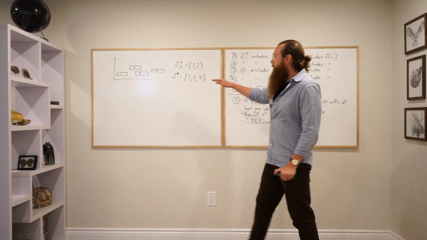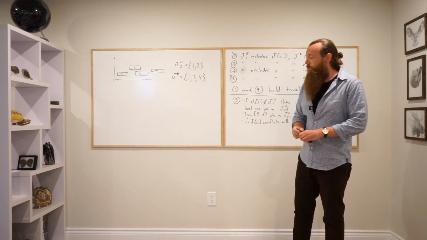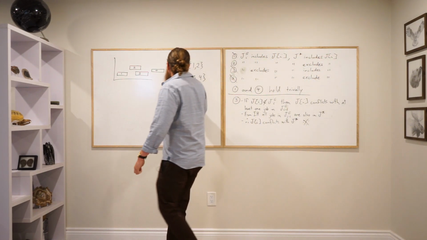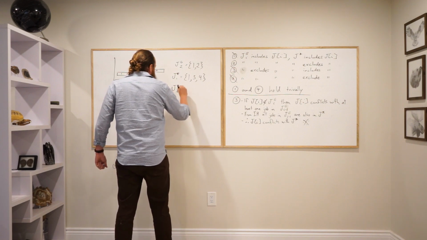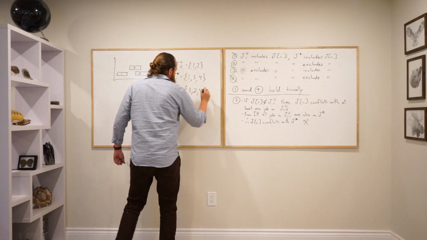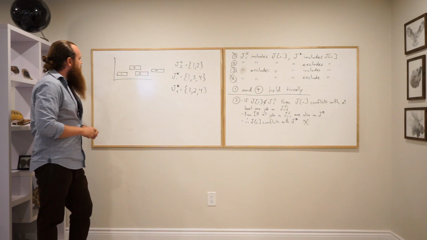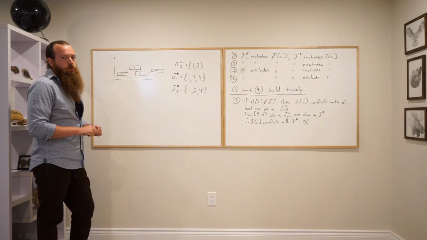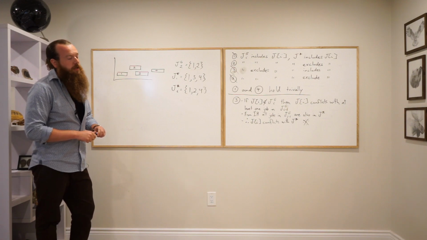For example, this is just 4 jobs, but by my count, there's actually 2 optimal solutions. What are they? Well, this would be the first one, and the second one is this. 1, 2, 4. Both of those have cardinality 3, none of the jobs conflict. They're both optimal solutions. The optimal solution isn't necessarily unique.